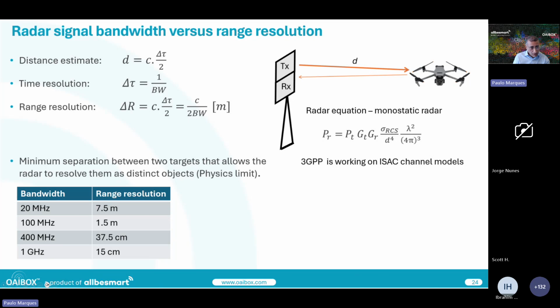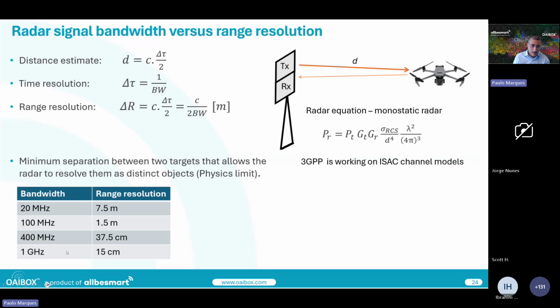Looking at typical 5G bandwidths, 20 megahertz gives you 7.5 meters of resolution, and 100 megahertz gives 1.5 meters. In FR2 with 400 megahertz, you may go down to 37.5 centimeters. And imagine in FR3, if you have a 1 gigahertz band available, you can go down to 15 centimeters.